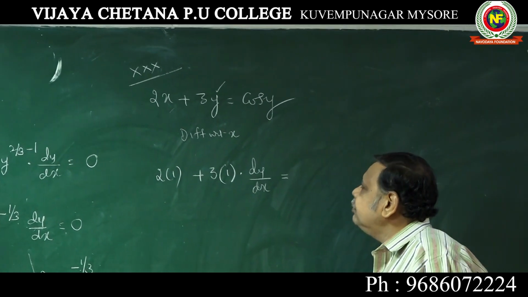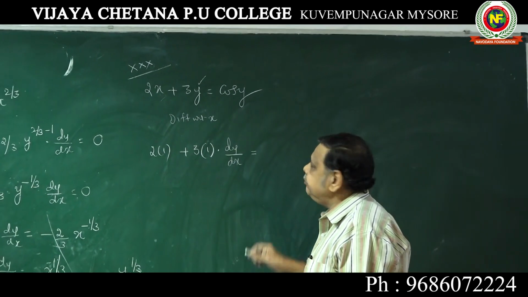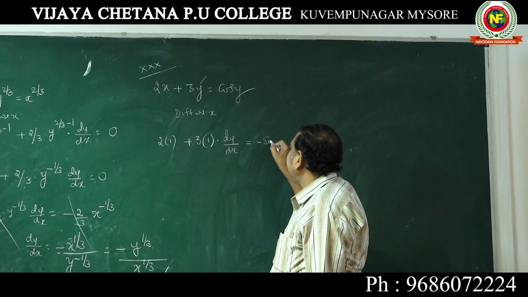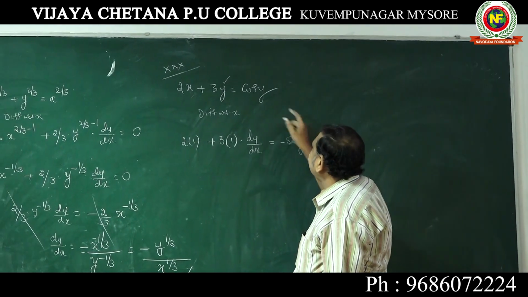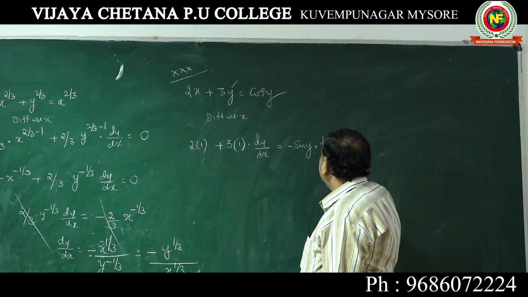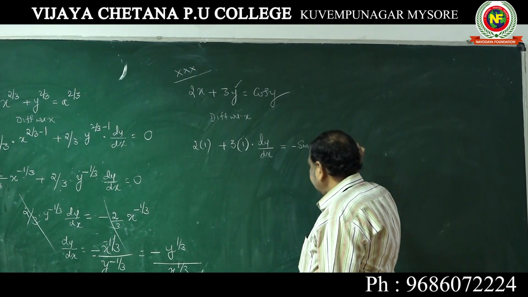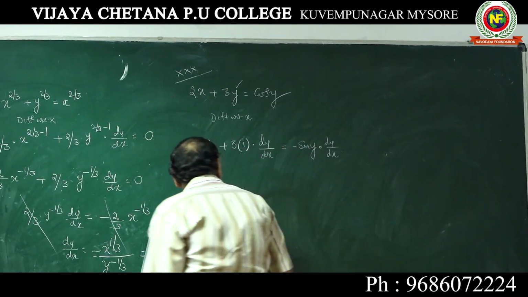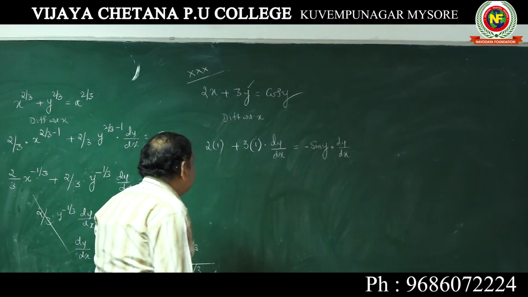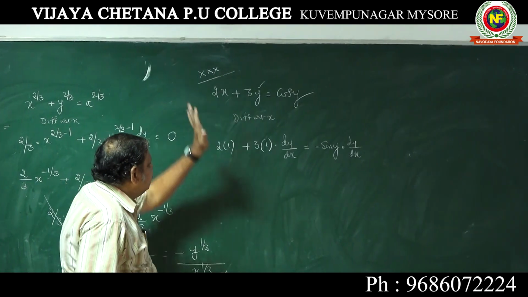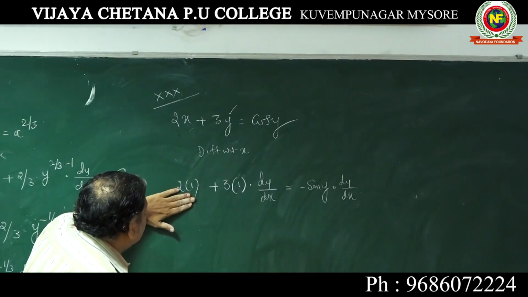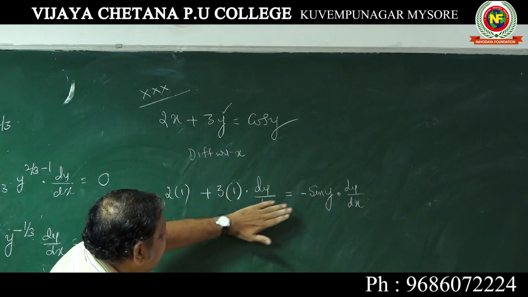It is equal to cos y differentiation, minus sin y into dy by dx. Now, very important thing: the term without dy by dx is only this. The term with dy by dx is this.